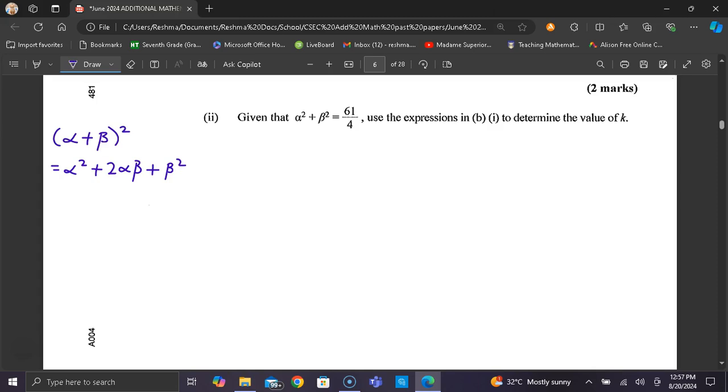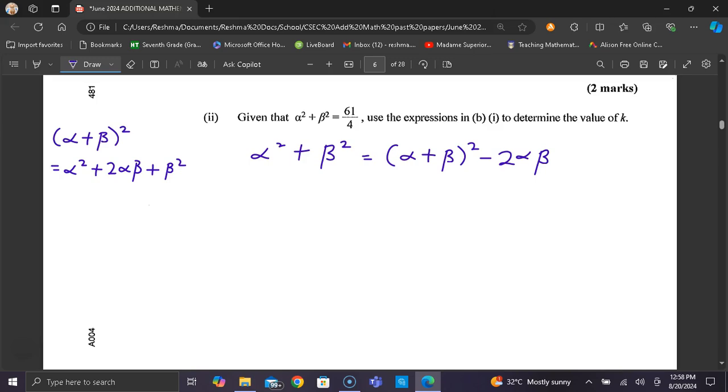So if I want to make alpha squared plus beta squared the subject, I'll have to subtract the 2 alpha beta. So I'm going to write that across here. Alpha squared plus beta squared then will be equal to alpha plus beta all squared minus 2 alpha beta.